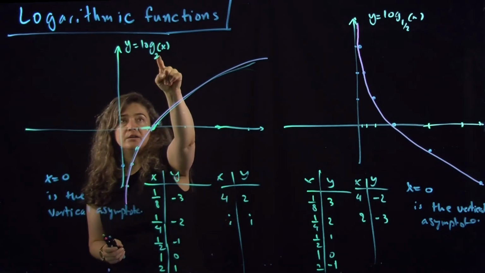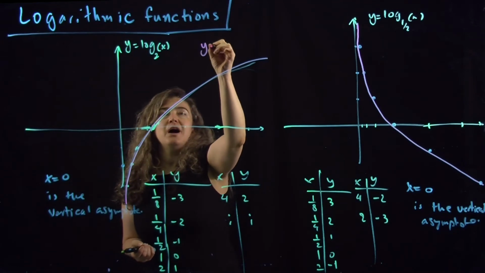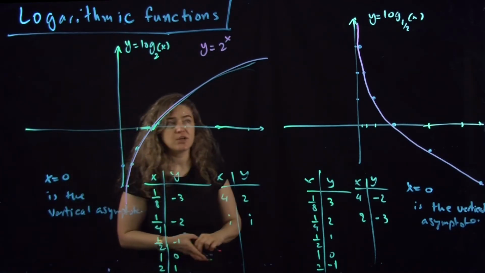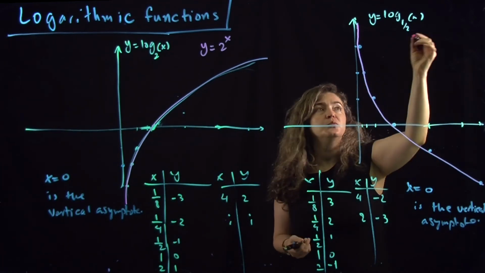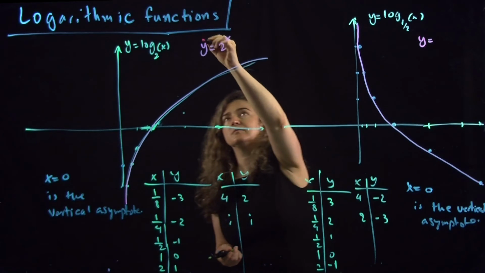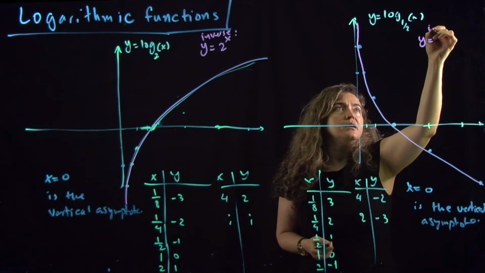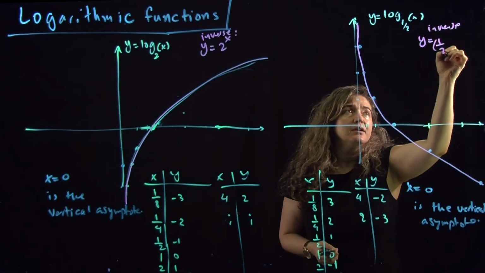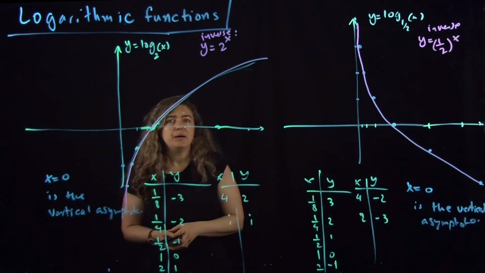So log base 2 of x and y equal to 2 to power x are inverse of each other. Log base 1/2 of x and y equal to 1/2 to power x are inverse of each other.